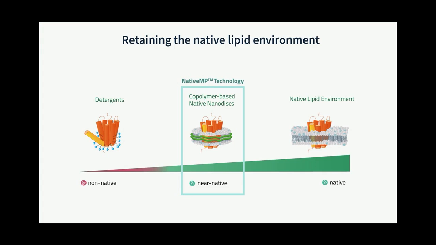Some of our audience might have heard already of copolymers, like the early adopters, the SMAs or SMALPs. In the last 10 years, we've come a long, long way. We had a lot of interesting developments in the field, and we're working very closely together with the whole copolymer field. As of today, we can offer a broad range of copolymer families to stabilize basically every membrane protein you could imagine.